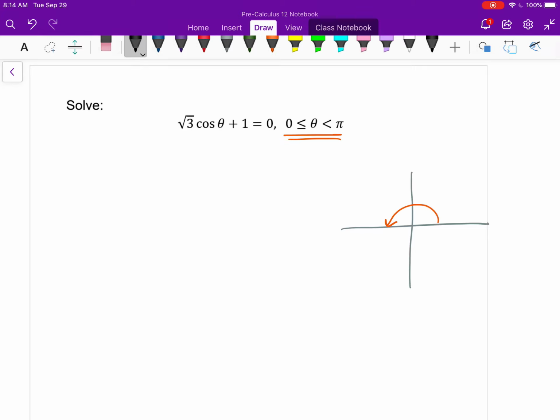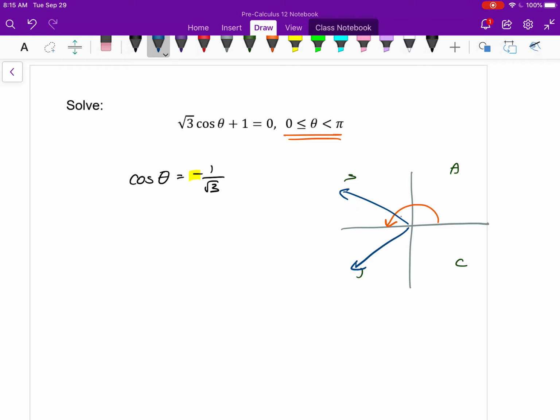Let's solve for cosine first. If I subtract 1 and divide by √3, I get the cosine of theta equals -1 over √3. Okay, next. Where's cosine negative? Write that negative there. We'll think about my CAST rule. Cosine is negative in the second and third quadrants.